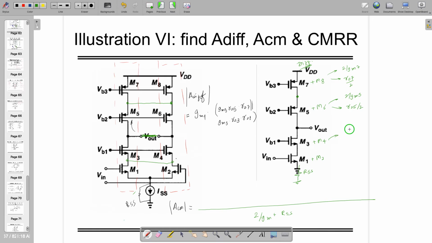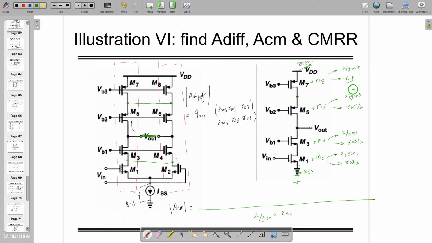And this one is also going to give you 2 by gm3 as gm contribution, and ro3 by 2, in this case 2 by gm1 and ro1 by 2. This is what we are writing with the fact that m7 and m8 are equal, and it's going to be equal to m7. m5 and m6 are equal, and that's going to be equal to m5. m3 and m4 are equal, and that's going to be equal to m3, and m1 and m2 are equal, and that's equal to m1.